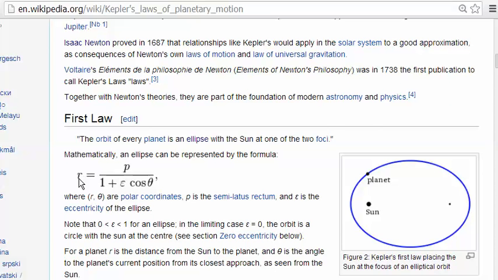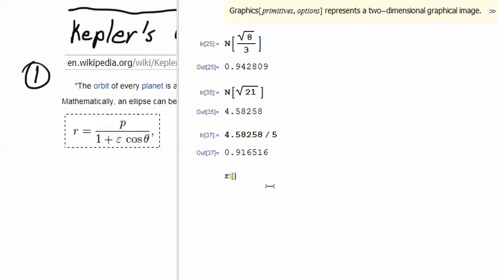They also give a function which gives us the radius as a function of theta here. I'm going to snag that into Mathematica. r of theta is a function of p divided by 1 plus epsilon times cosine of theta.